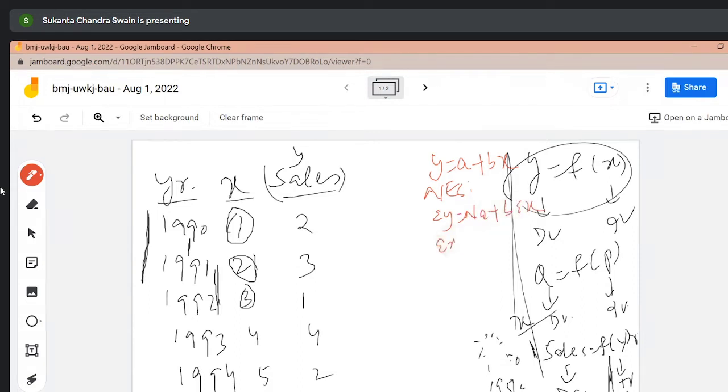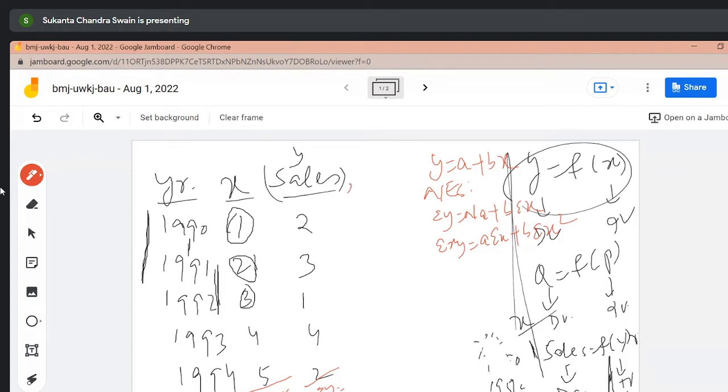Sigma xy is equal to a sigma x plus b sigma x square. Okay, so accordingly we will add this one. We get sigma x. It is coming 3, 6, 10, 15. Sigma y: 2 plus 4, 6, 7, 3, 10, 12.